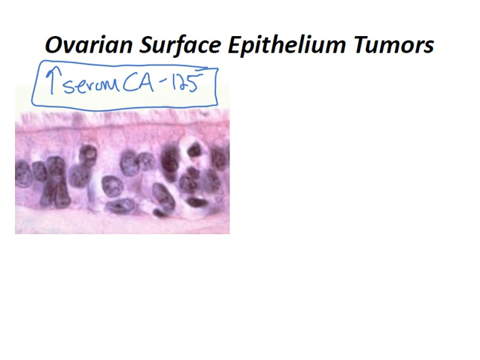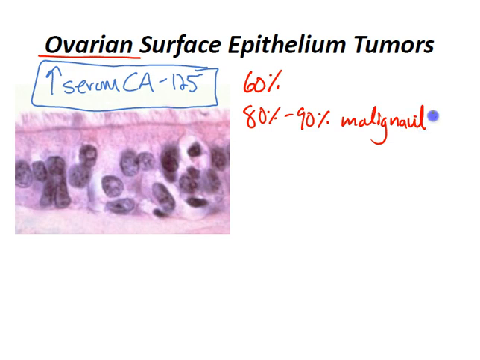Now, surface epithelial tumors comprise approximately 60% of all ovarian neoplasms, and 80 to 90% of all malignant ovarian neoplasms.